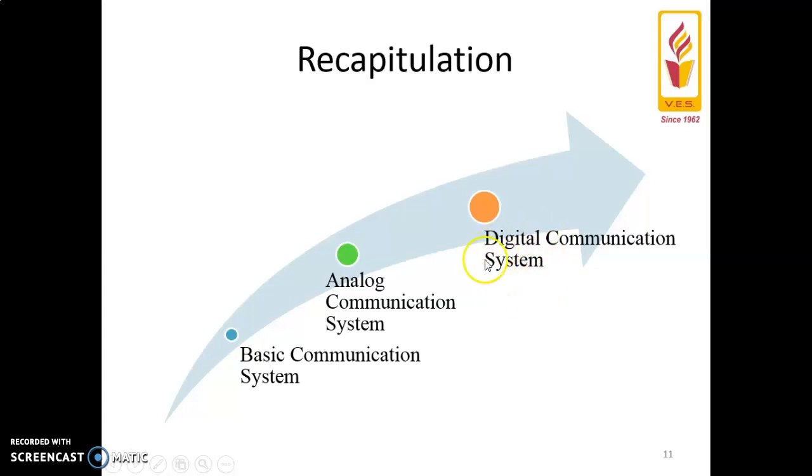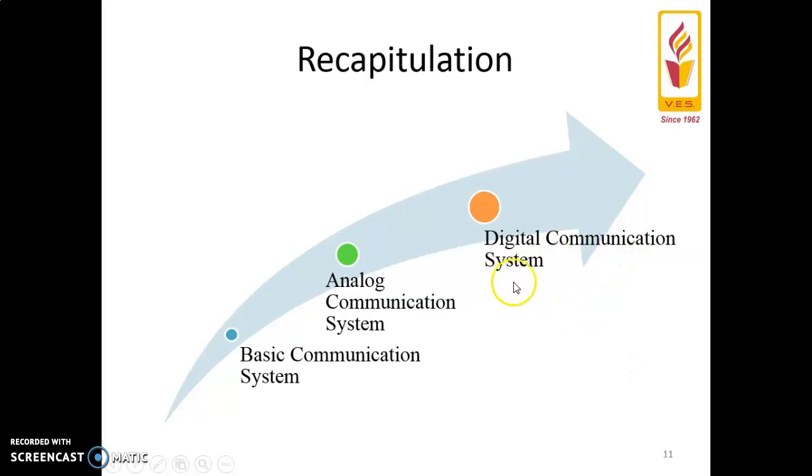Here the information is in the form of a binary sequence, that is ones and zeros, and your modulated signal is a continuous time varying signal. Since your information is in the form of ones and zeros, we can apply a lot of error control techniques in order to increase the reliability of the communication system. Then we can use encryption techniques, which increase security, and noise immunity is also very high.